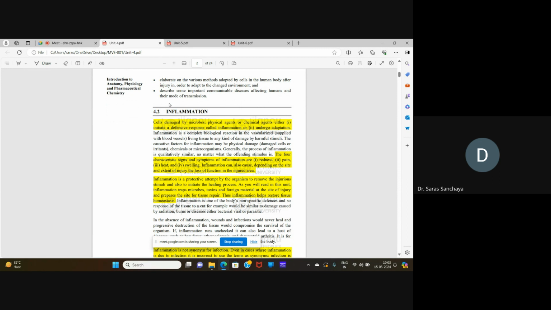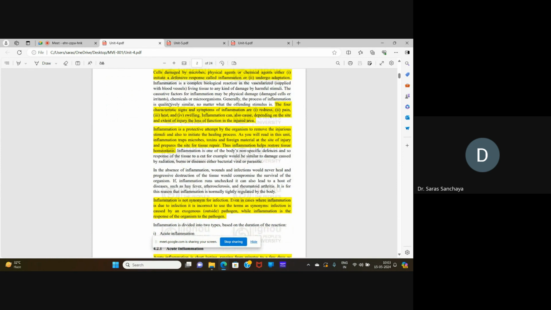Inflammation can also cause, depending on the site and extent of injury, the loss of function in the injured area. Inflammation is a protective attempt by the organism to remove the injurious stimuli and also to initiate the healing process. So it is important in the healing mechanism of the body.